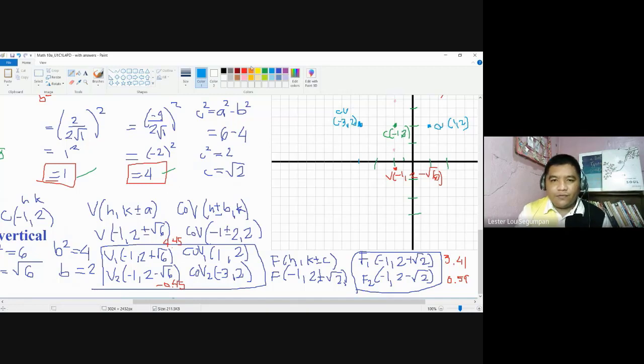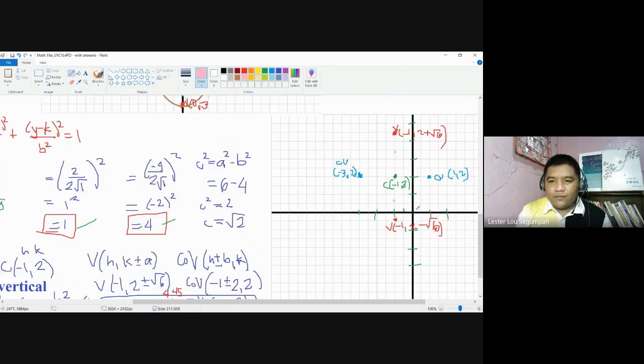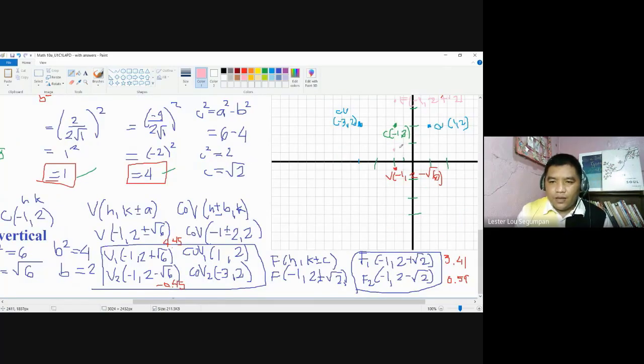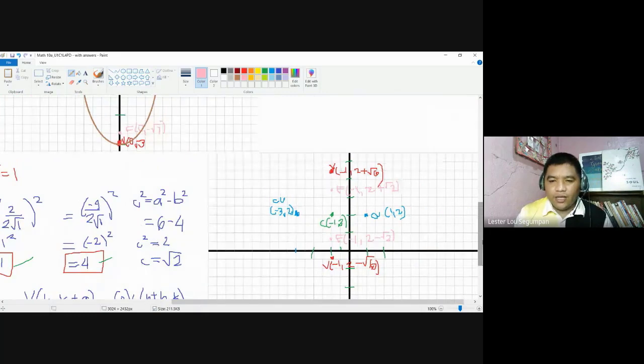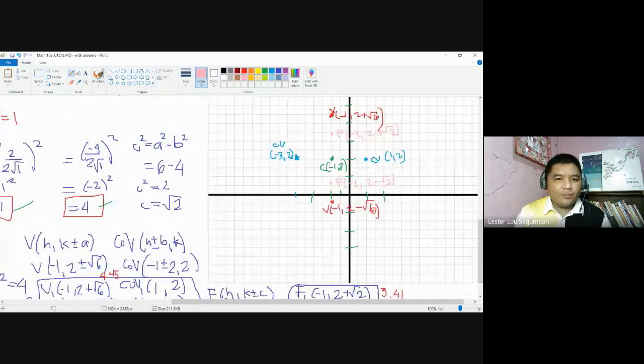And finally, your foci: -1 and 2 plus square root of 2, and at the bottom, you'll have your focus at -1 and then 2 minus square root of 2. Pardon the not so good handwriting. But anyway, we have these points.